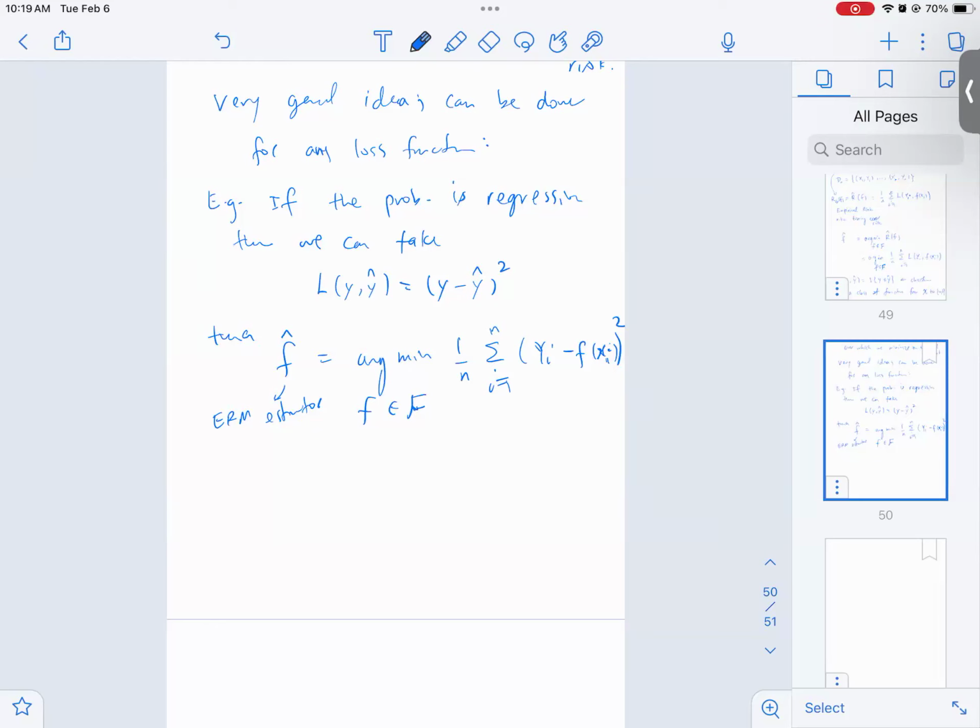What is the simplest class? This is the regression problem, so linear regression, the class of linear functions. That would deal with that.